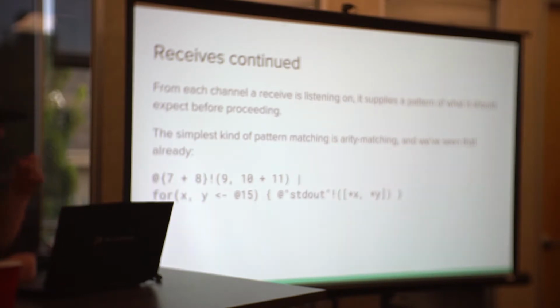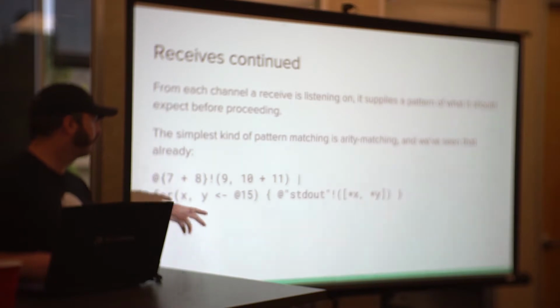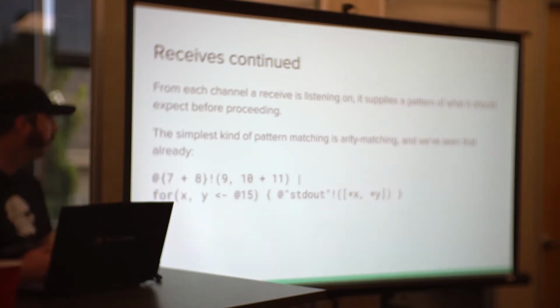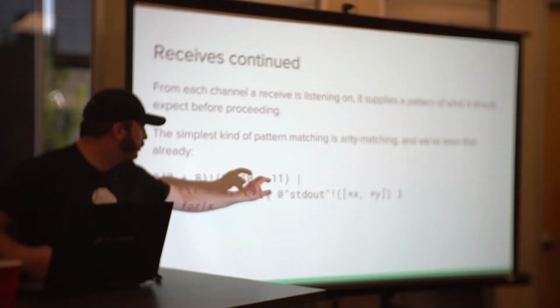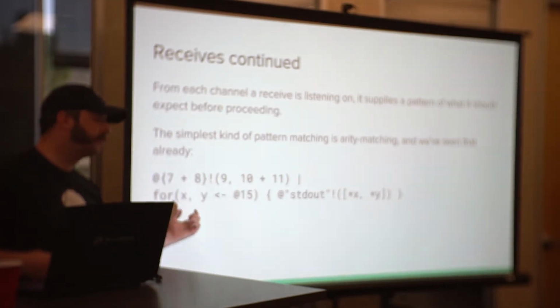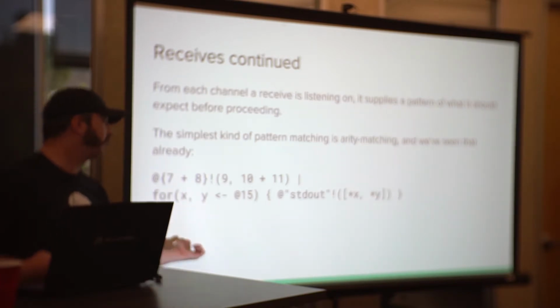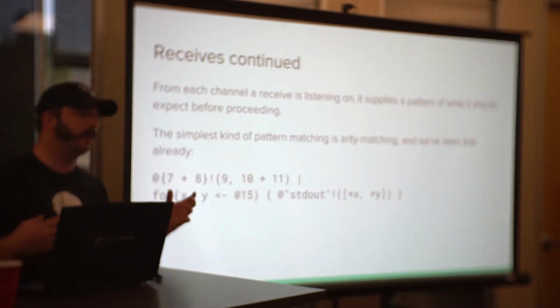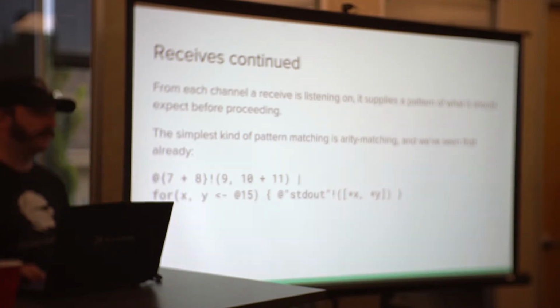But the simplest kind of pattern is just arity matching. So this send sends two values, and this receive is expecting two values. And if this receive were expecting three values, or this send only sent one, they would not match. So both things would be running in parallel, but neither would trigger the other.